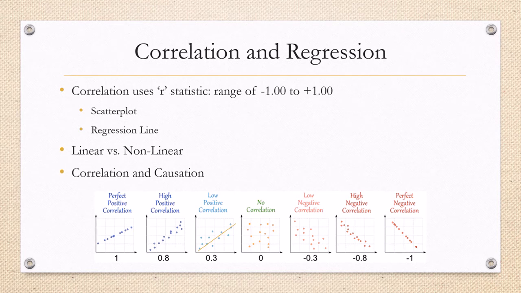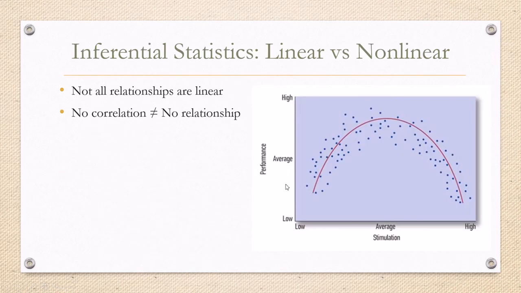And I want to talk a bit about linear and nonlinear relationships. A correlation, like I said, looks for a best fit line. When you have a linear relationship, that works. Not all relationships are linear, however. This here is an example of a nonlinear relationship.